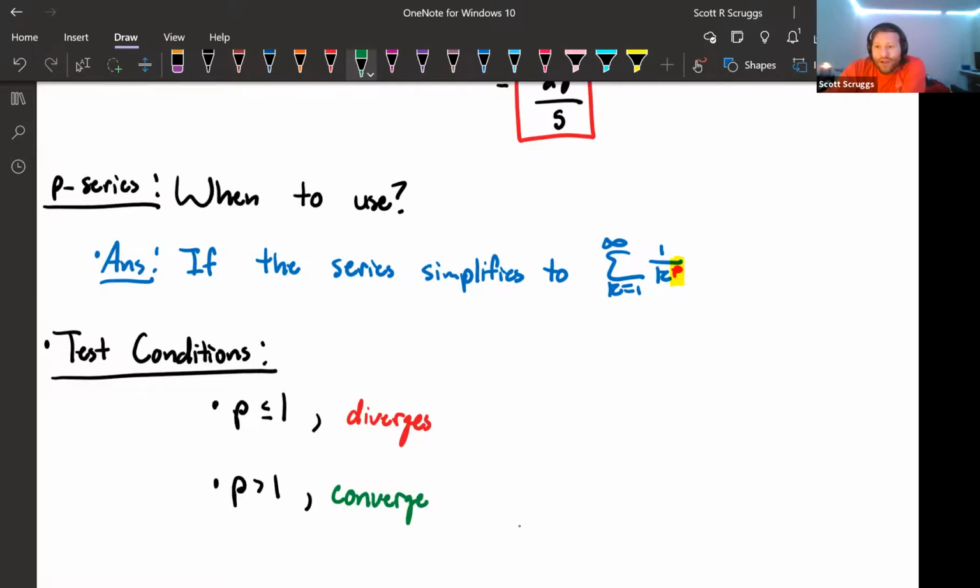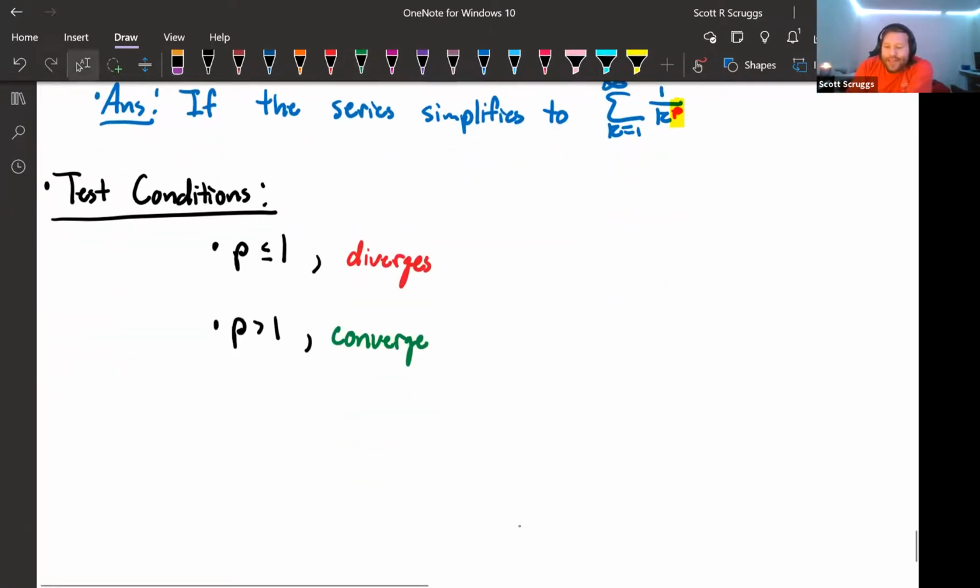And those are my conditions for P-series. And like I said, I'm using the language that it simplifies to that form. You may be given that form automatically, you may not. The goal is, can I simplify down to that form?